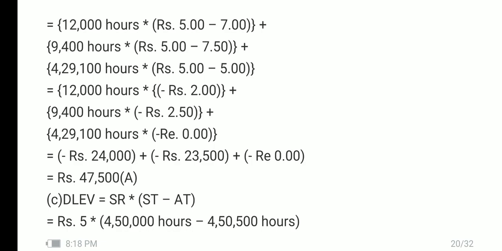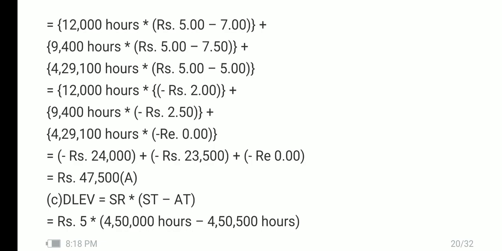Now, put together, we get minus 24,000 plus minus 23,500 plus 0, that is equal to 47,500 adverse. So labor rate variance is 47,500 adverse put together for both the products M and N.